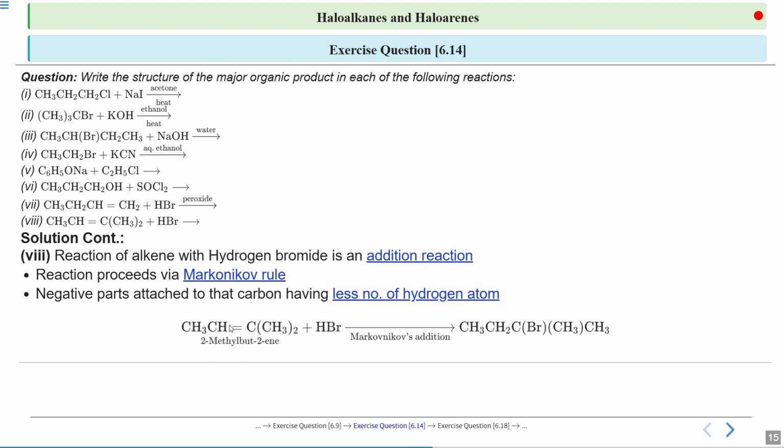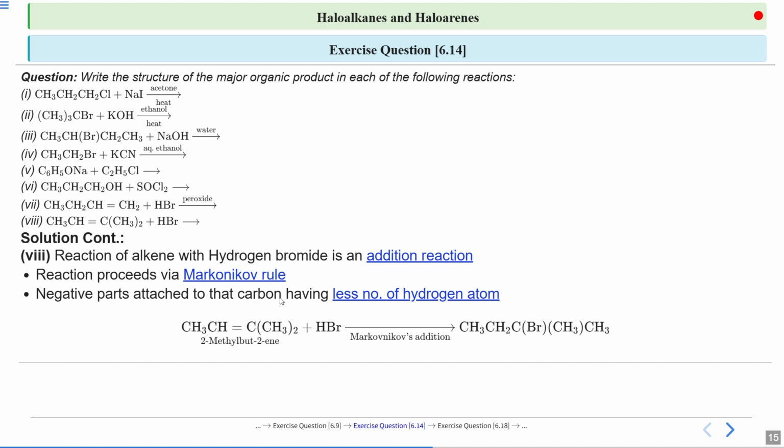So we have this 2-methylbut-2-ene as a reactant, CH3CH double bond C(CH3) whole twice. When it reacts with hydrogen bromide, it will follow the Markovnikov addition rule, according to which this bromide is going to attack this double bond carbon because it contains no hydrogen, right? This double bond carbon contains one hydrogen and this one contains no hydrogen.